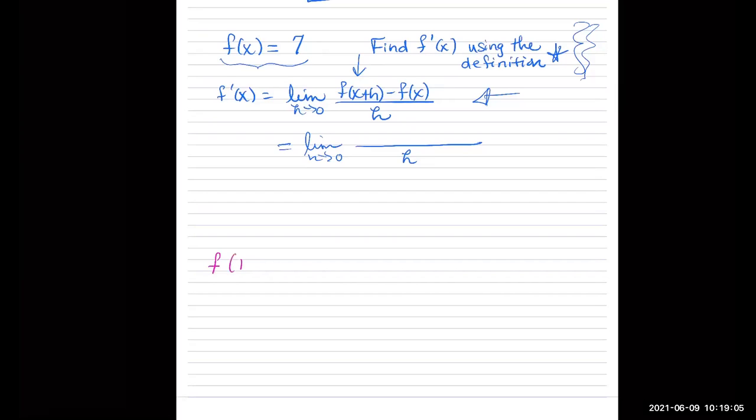If I ask you to find f of 1, if f of x equals 7, what do I get for an answer for that one? If I'm just evaluating f of 1. So forget about all the fancy stuff. It's like I'm in college algebra class and I'm just going to graph that function.